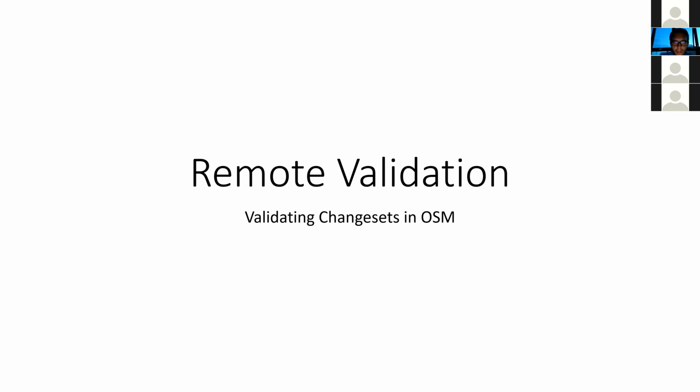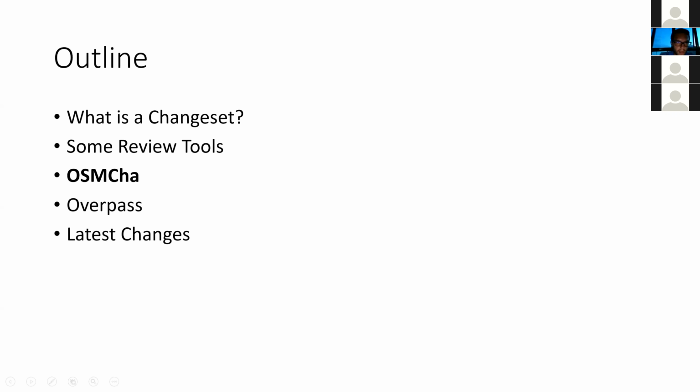Cool, okay. So it's on remote validation and validating change sets in OSM. So it's going to cover some of the basics, and then we're going to move into slightly more technical stuff as we go along. But stop me and feel free to ask any questions along the way. So the outline: we're going to cover what is a change set in OSM, which I'm sure most, if not all of you know.